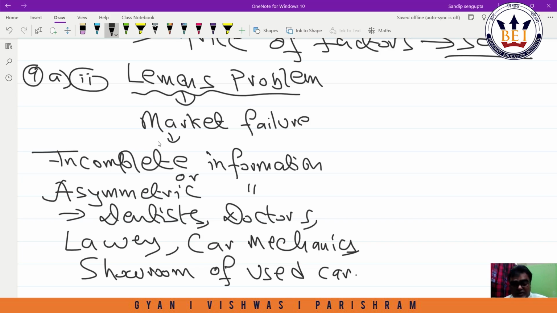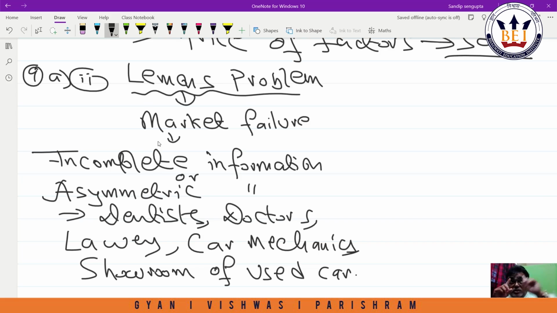The terminology lemons problem has come out from US economics. What is happening in US economy? Listen, in the US economy, mostly people used to sell luxury car after 1.5 year, and there's a lot of market for used car. Obviously, it should be luxury car.